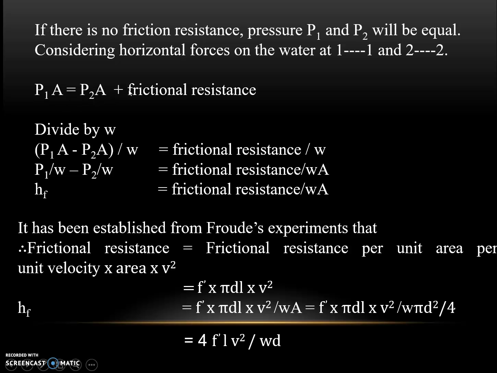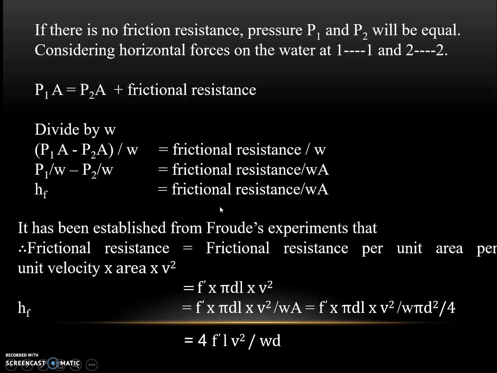Divide this equation by W. So, P1A minus P2A divided by W equal to frictional resistance divided by W. This equation can be rearranged as P1 by W minus P2 by W equal to frictional resistance divided by W into A. So, HF is equal to frictional resistance divided by W into A. HF is P1 by W minus P2 by W.